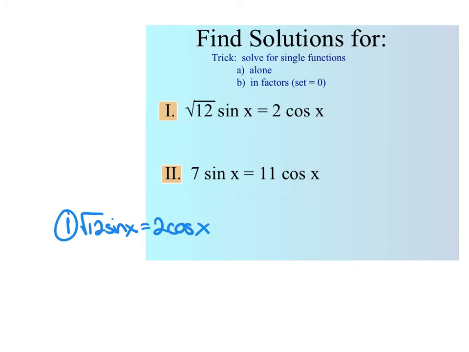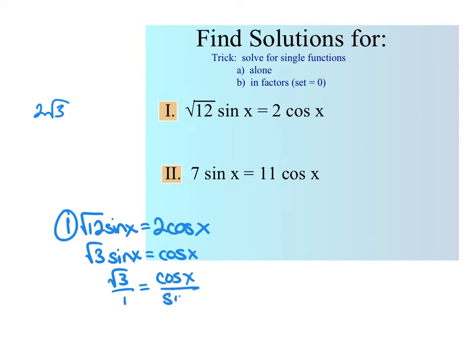So if you divide root 12 by 2, remember root 12 is the same as 2 root 3, right? So if you divide it by 2, you get root 3 sine x equals cosine x. And then I would divide both sides by sine. Root 3, and I'll call that root 3 over 1, is equal to cosine x over sine x, which is cotangent. But I'm going to leave it just like this.